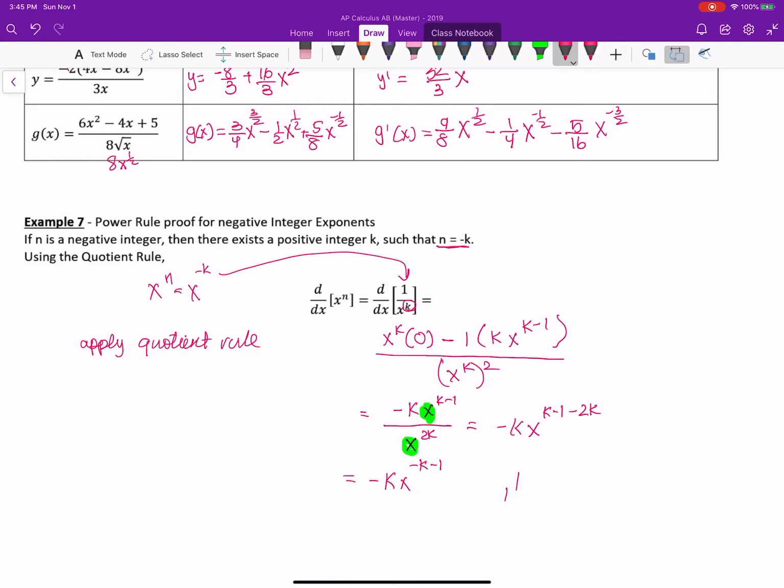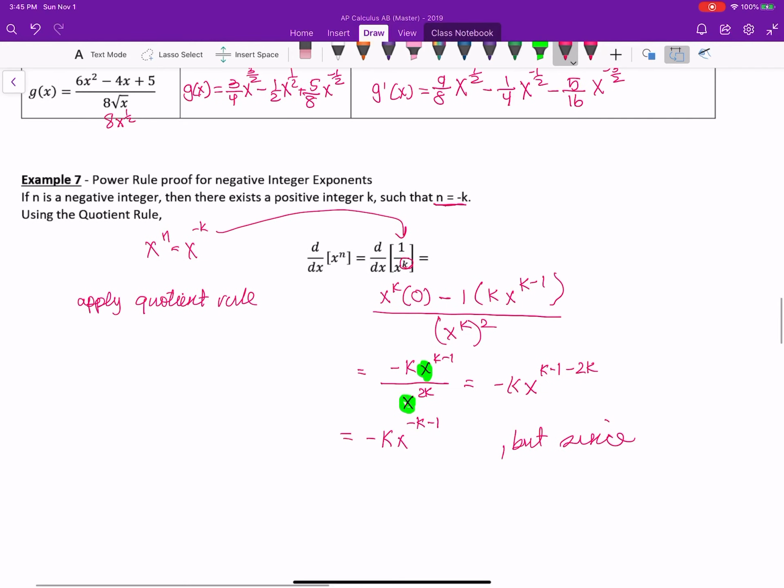But since negative k is defined as n, we did that up here at the top, right there highlighted in pink, I can use substitution. So by substituting back in, I can see, okay, negative k is n, and x to the negative k minus 1 is x to the n minus 1. Oh, wait, that's the regular old power rule we knew before.